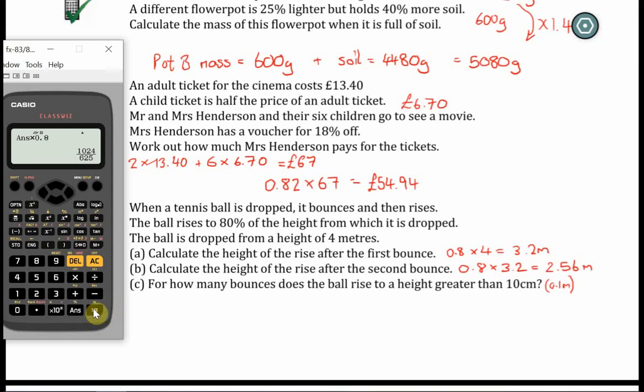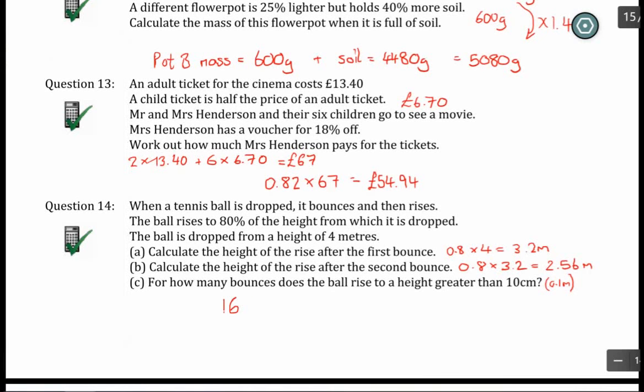Okay, 4 times, I'm waiting until this is less than 0.1. 5 times, 6, 7, 8, 9, 10, 11, 12, 13, 14, 15, 16, 16 times. So 16 bounces are greater than 0.1 meters height.